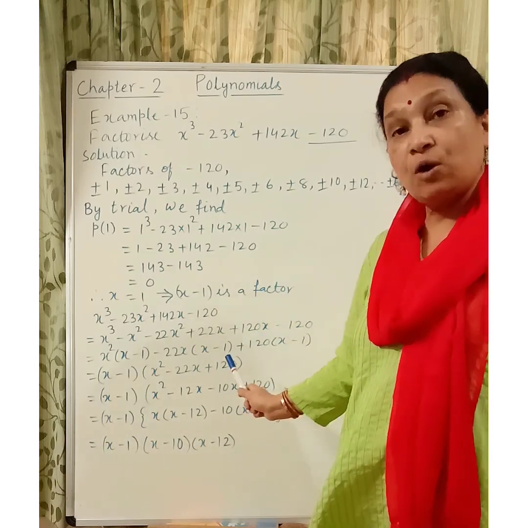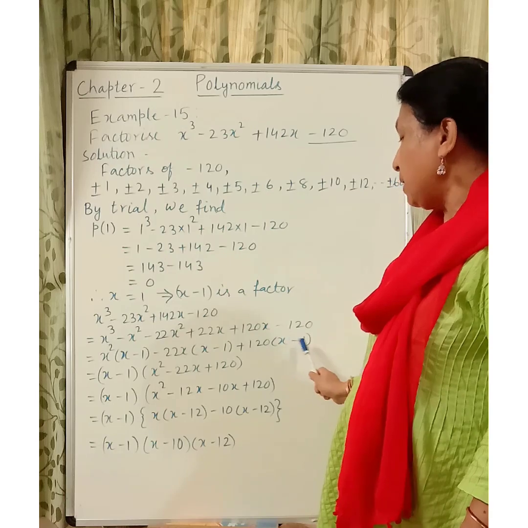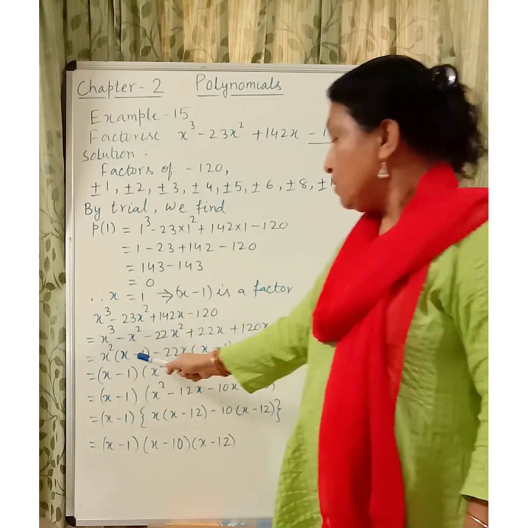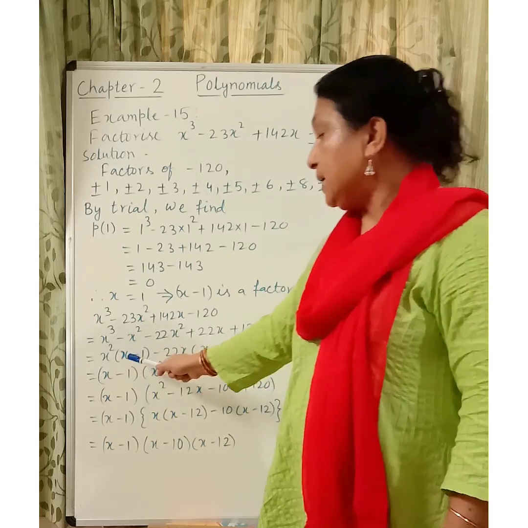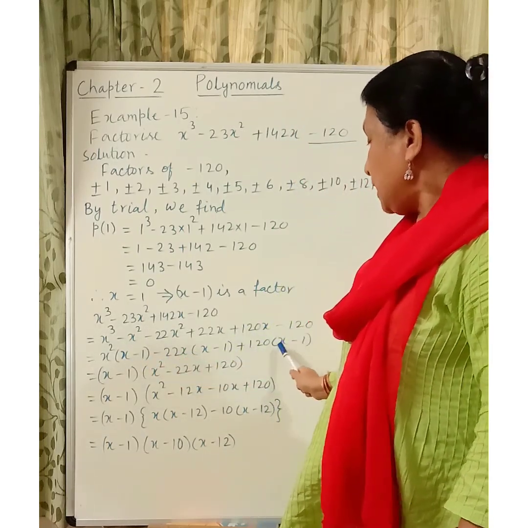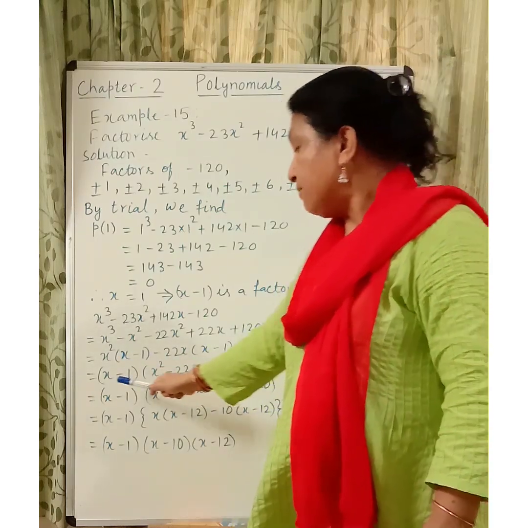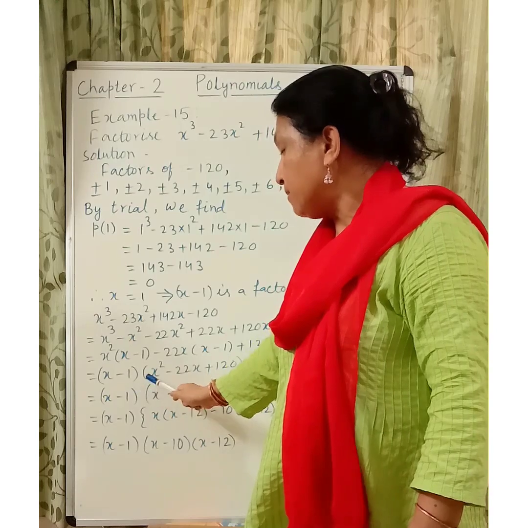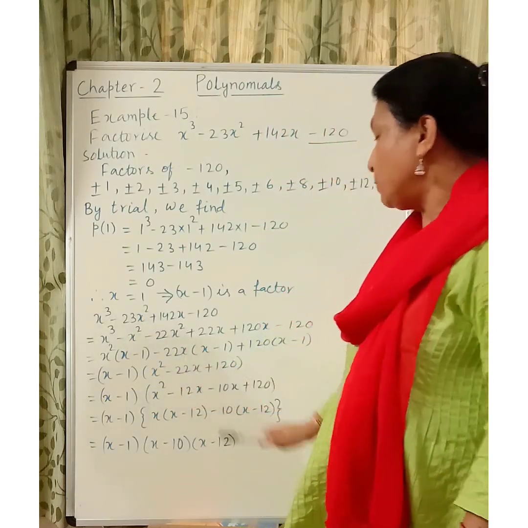So how much is the common factor? 120 is the common factor multiplied with x minus 1. You can notice for every pair of terms we are taking x minus 1 as the common factor. So x minus 1 will be the common factor for all. So we have x minus 1 multiplied with x square minus 22x plus 120.